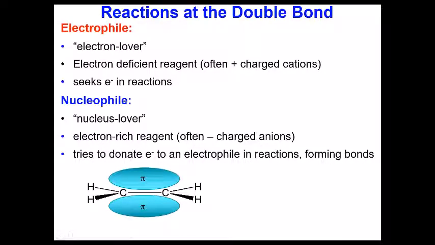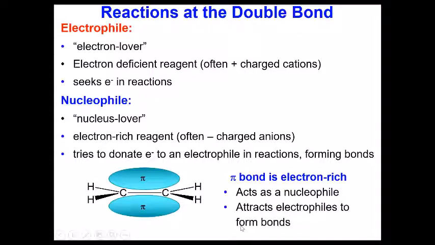And then here again is our carbon-carbon double bond in the alkene. So again, the pi bond is electron rich, and it acts as a nucleophile, and it attracts electrophiles to form bonds with this structure. Now you understand the difference between electrophile and nucleophile.